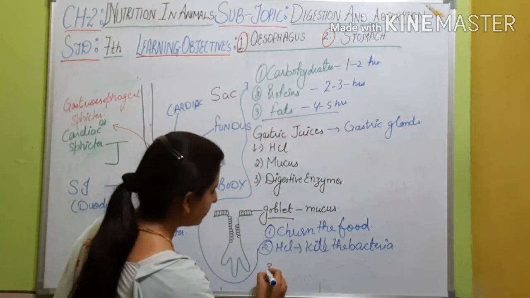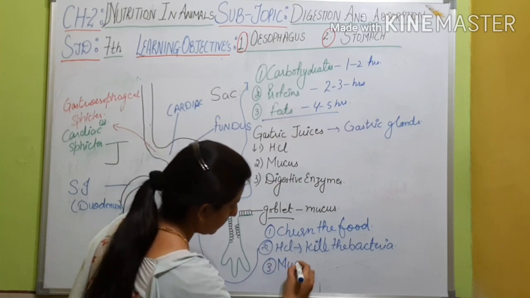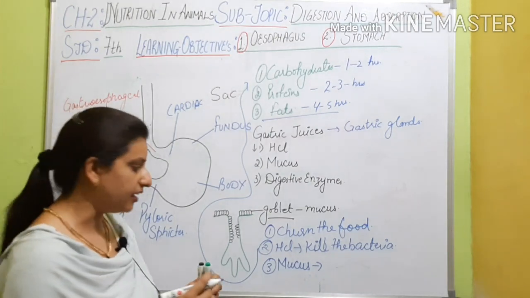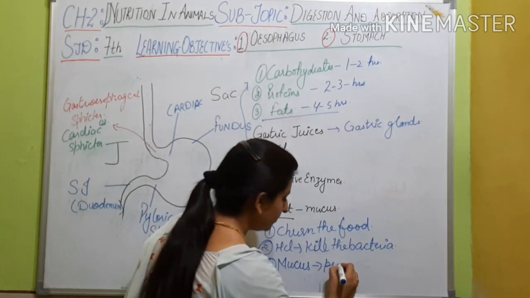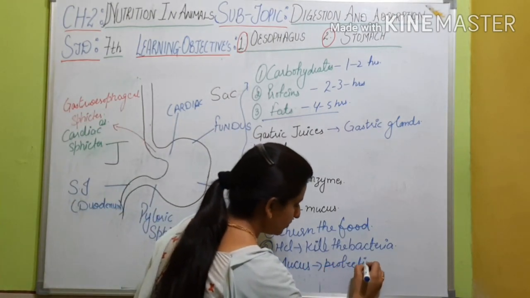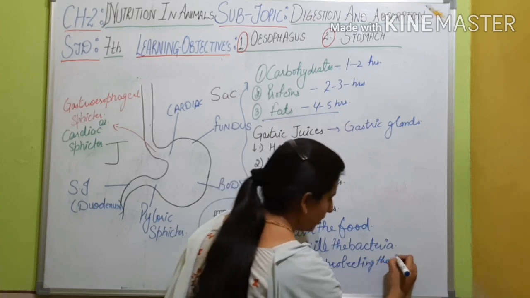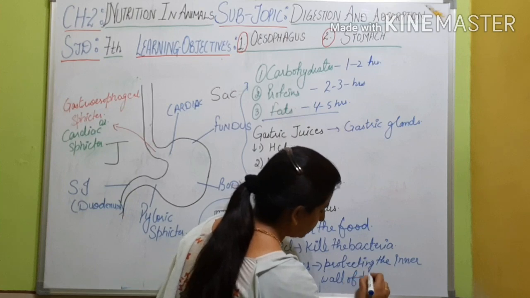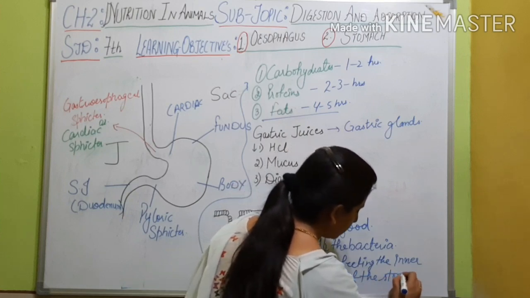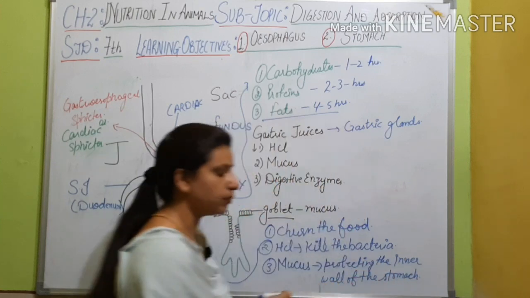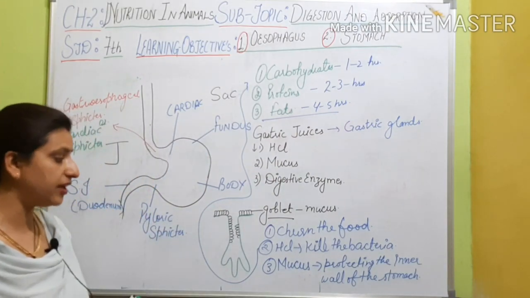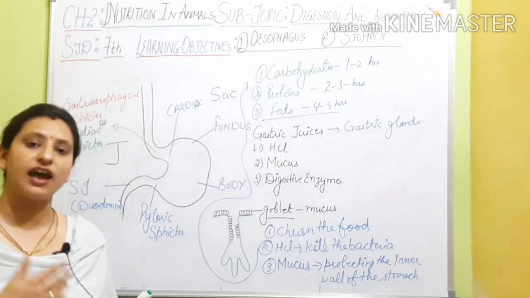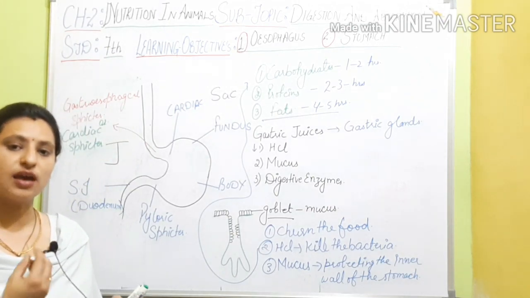Now the third is mucus. Mucus is secreted for protecting the inner wall of the stomach from the HCl, because HCl is very acidic in nature, and we know that all the things which are acidic in nature can cause damage.